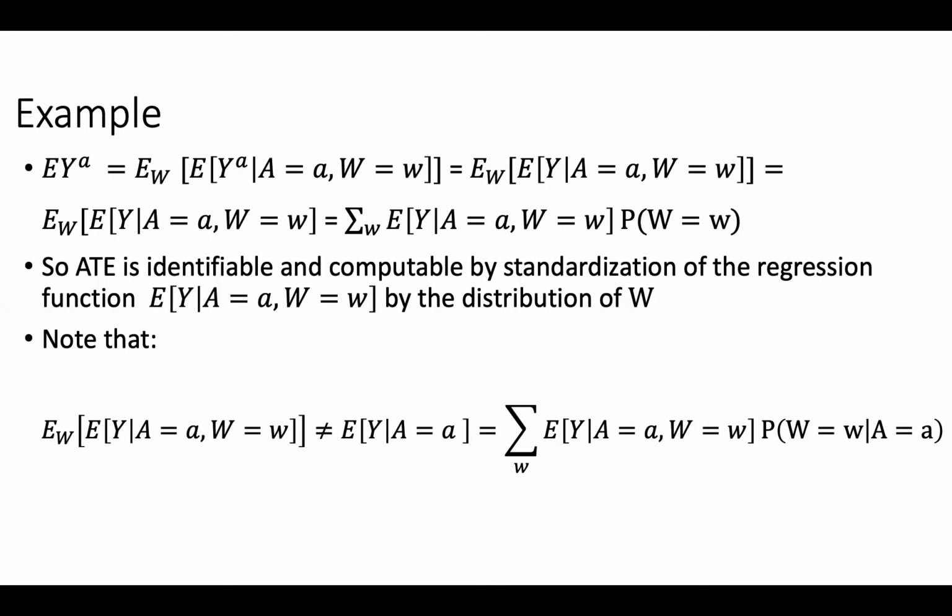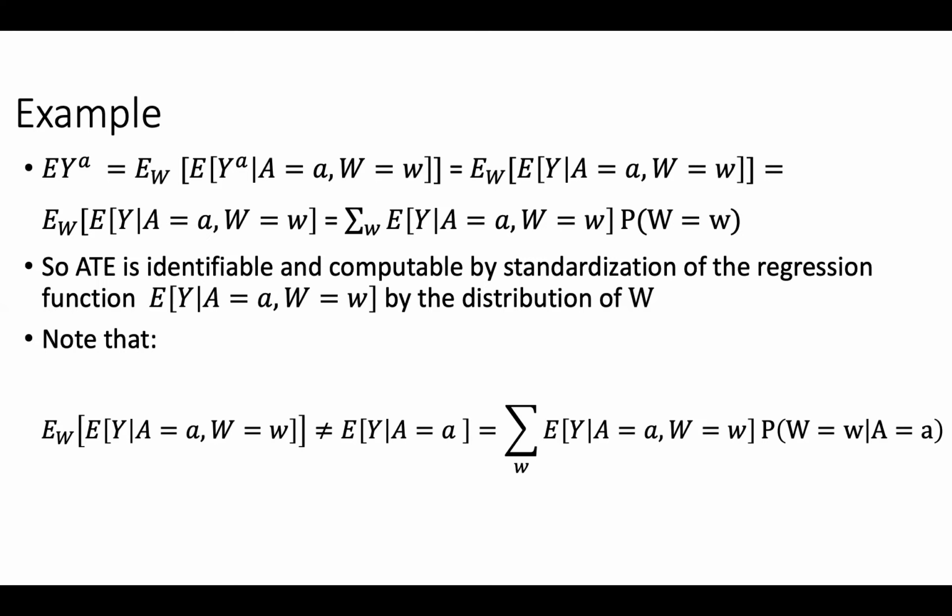We have the expectation of Y conditional on the treatment and conditional on the covariates, and outside we average over the values of the covariates. If all the causal assumptions are satisfied, then we can identify the causal effect, and we can compute it based on the observed data. So that is going to be, in this example, the parameter of interest.